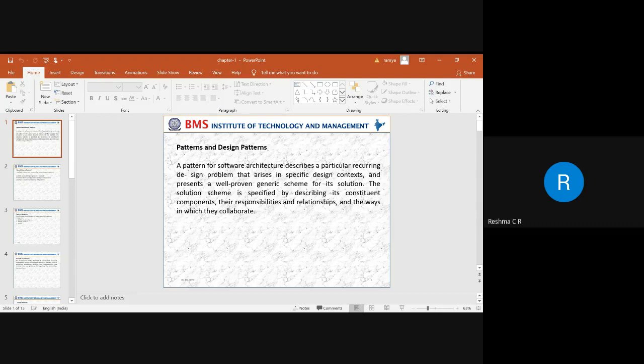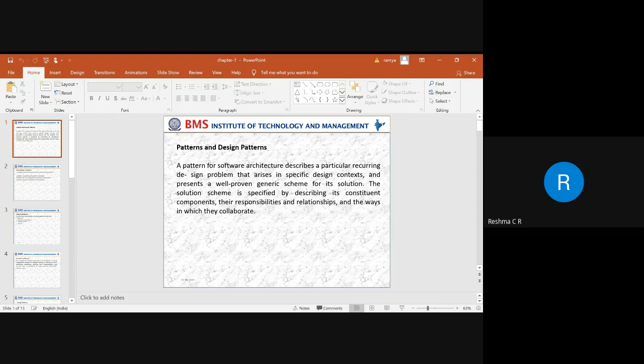We have already discussed various patterns. So how do we define a pattern? A pattern is defined as a software architecture which describes a particular recurring design problem which arises in a specific design context.